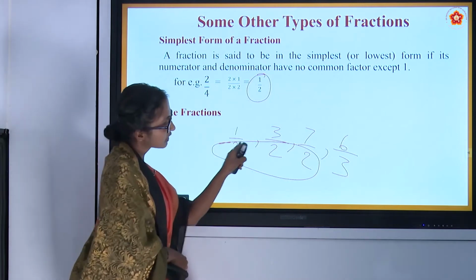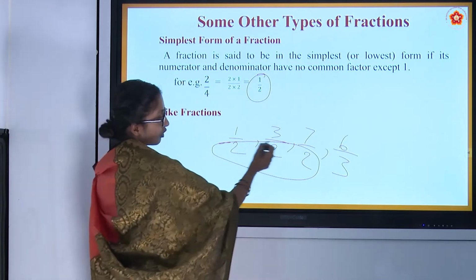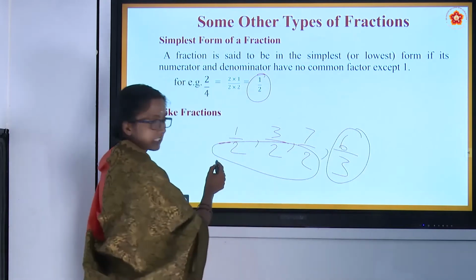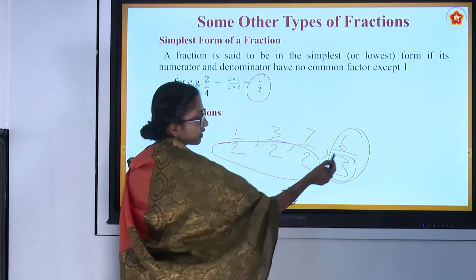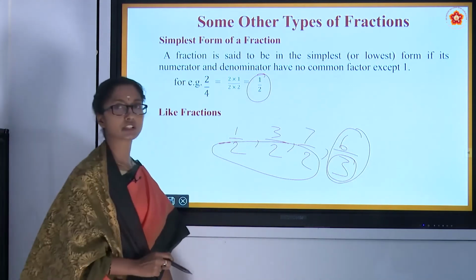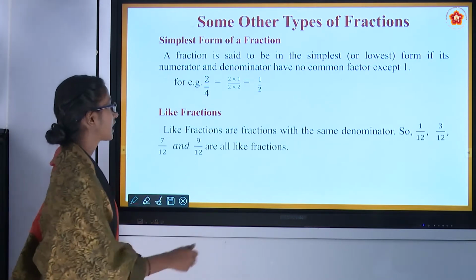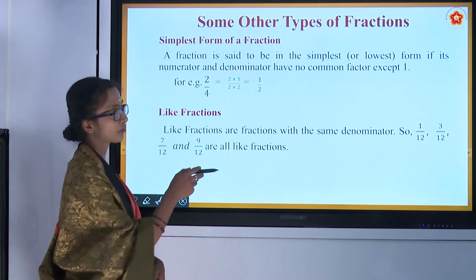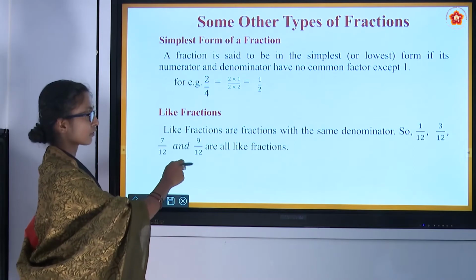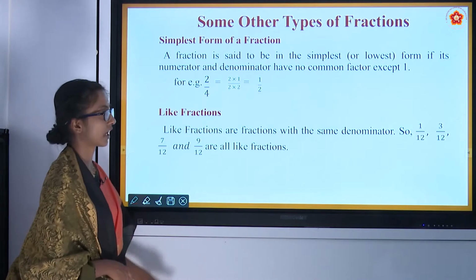In the same way, the denominators are all the same. Maybe the numerators are changing, but the denominators are the same. But here, when we compare with these fractions, this has a different denominator. Fractions which have the same denominator are considered like fractions. So 1 by 12, 3 by 12, 7 by 12 and 9 by 12 are like fractions.